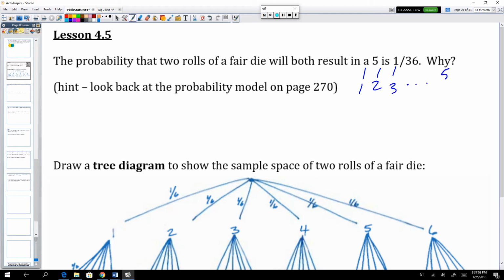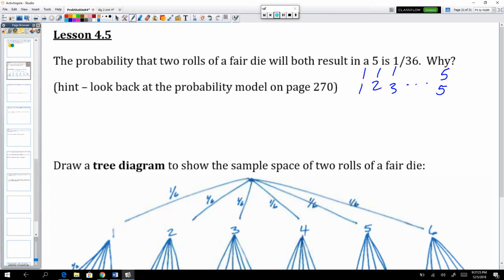And one of those choices was a 5 and then a 5. And so out of those 36 different outcomes, one of them is a 5 and then a 5, and so that's the probability of rolling a 5 and then a 5. There are 36 different outcomes for 2 rolls of a die, and only one of those is rolling a 5 and then another 5.